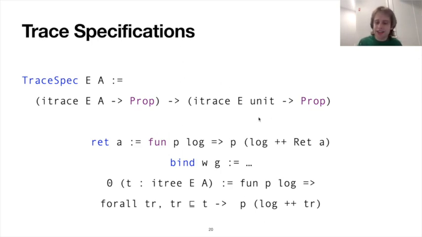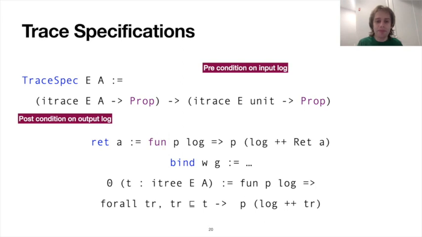So your predicates are of type (I-trace E A → Prop) → (I-trace E unit → Prop), where I-trace E unit → Prop is a precondition on the input log, and I-trace E A → Prop is a postcondition on the output log, where the output log is the final log that you see after the tree is evaluated in the presence of the input log.